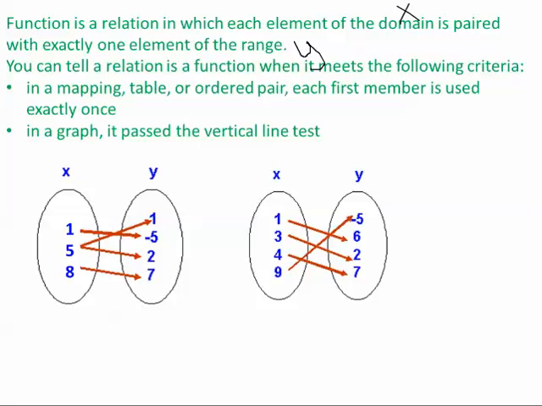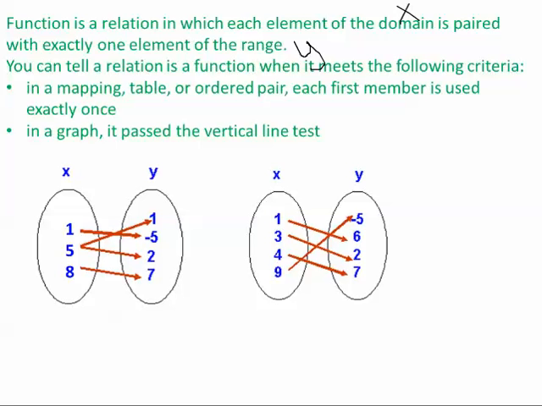Okay, that might be somewhat difficult for you to keep straight in your mind. Which one's my x, which one's my y? Put it in alphabetical order. D in domain comes before R in the alphabet, and x in the alphabet comes before y. So D goes with x, R goes with y.